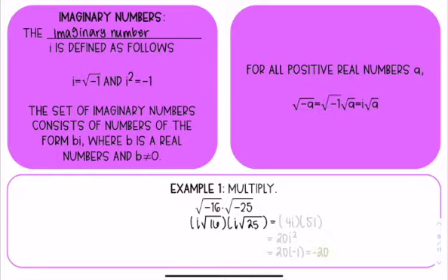And so now we can simplify the square roots because 16 and 25 are perfect squares. So the first term is going to turn into 4i, and the second term is going to turn into 5i.